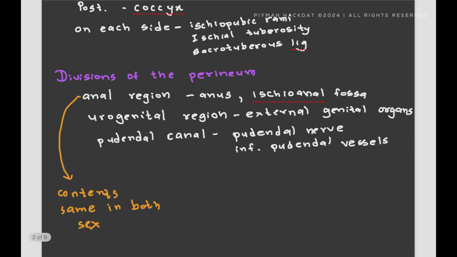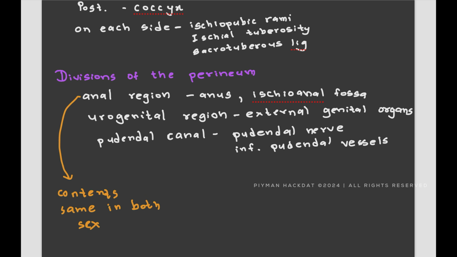Divisions of the perineum. In the perineum you can see two main regions, the urogenital region and the anal region. The anal region consists mainly of the anus and the ischioanal fossa, and the contents of the anal region are the same in both males and females.